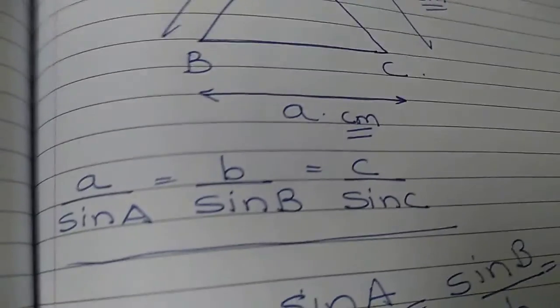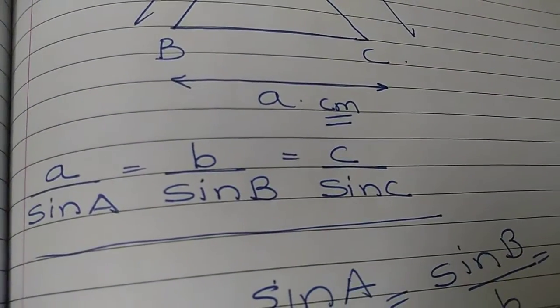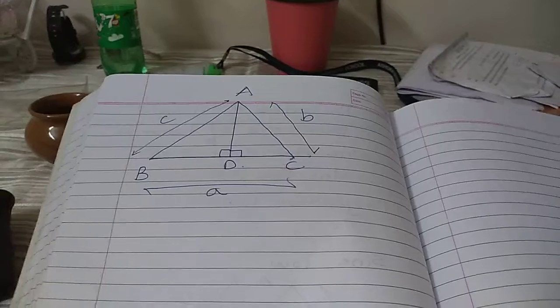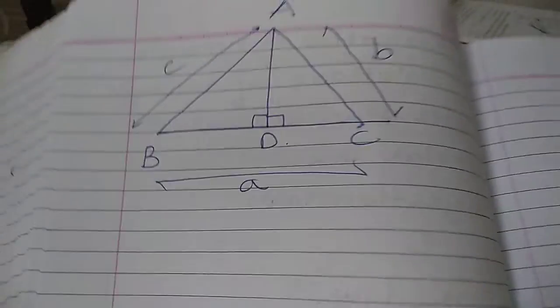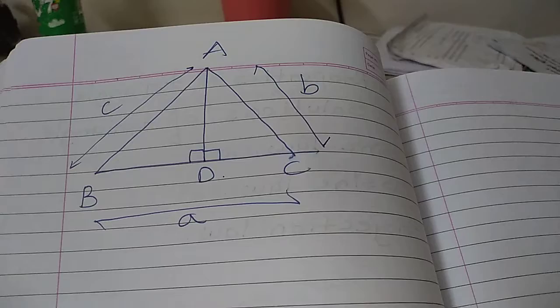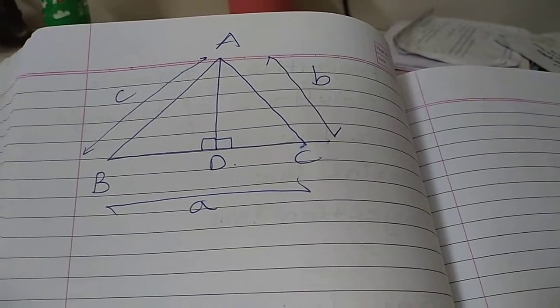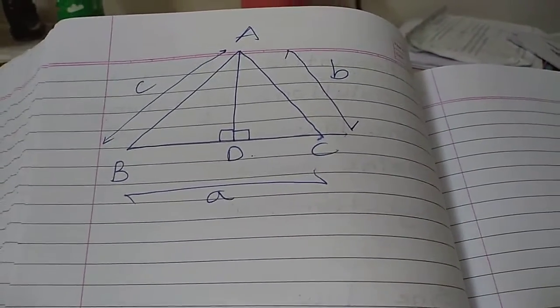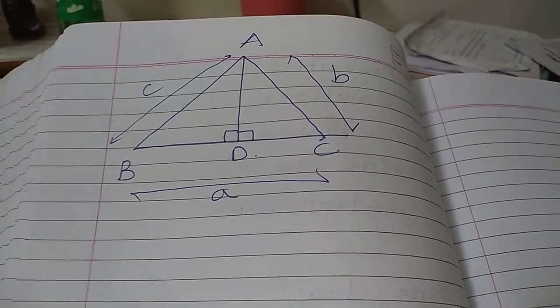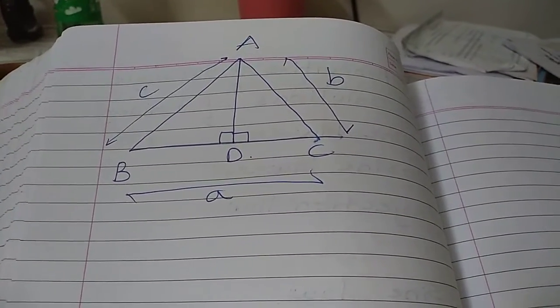Now I'll be deriving the formula A upon sine A is equal to B upon sine B is equal to C upon sine C from this triangle. As you can clearly observe, this figure has two right angle triangles within it: one is ADB and the other is ADC.